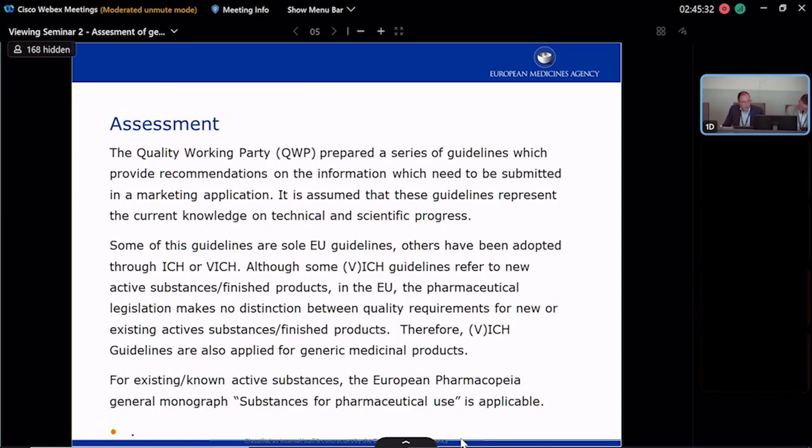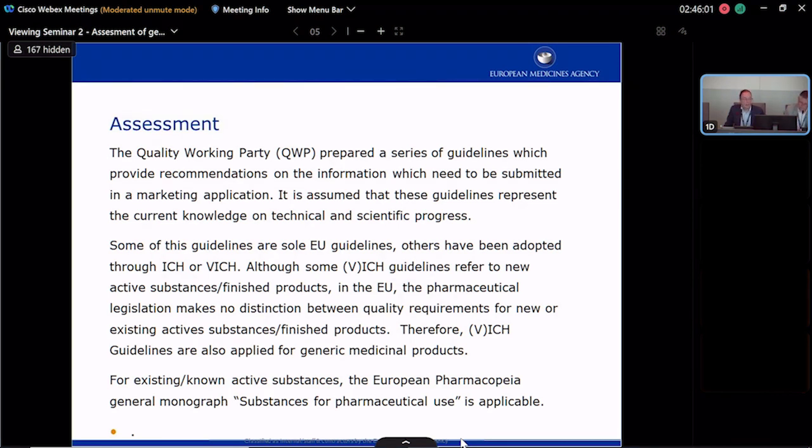So for the evaluation or the assessment of a medicinal product in general, the Quality Working Party prepared a series of guidelines which provide recommendations on the information which needs to be submitted in a marketing application. It is assumed that these guidelines represent the current knowledge and technical and scientific progress.